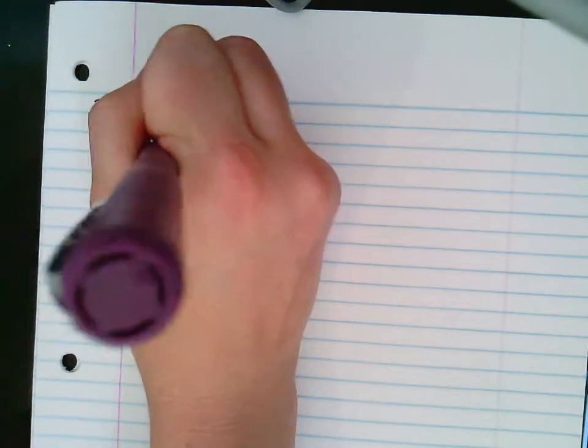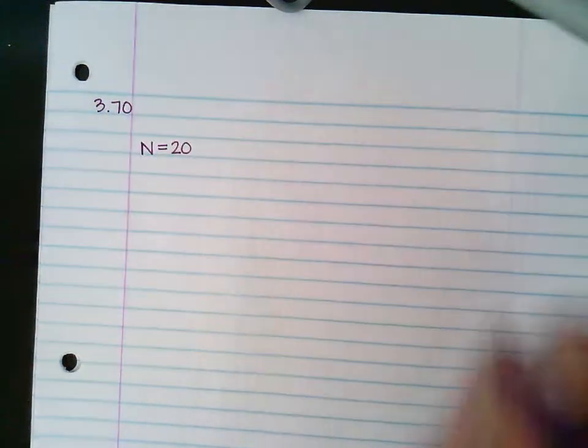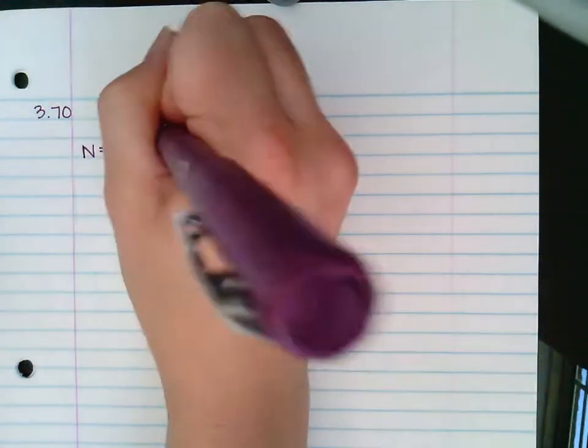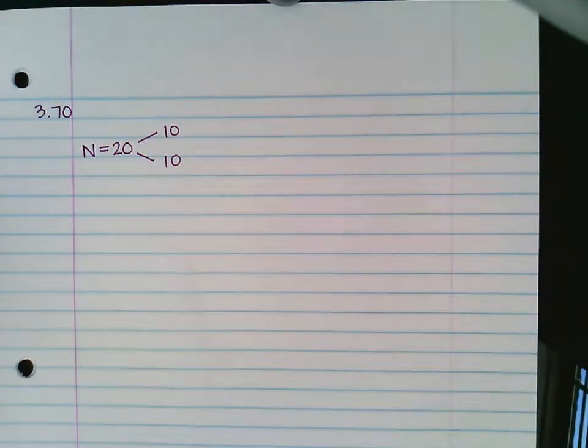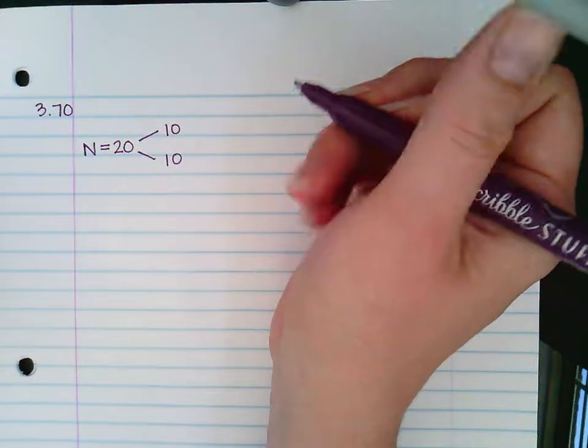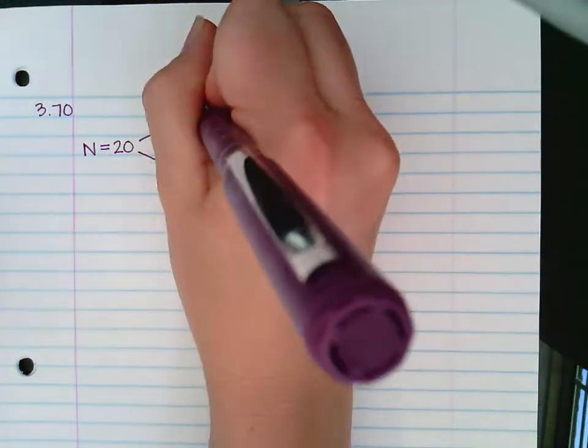N is 20 in this data set. So if I think about each half, it would have 10 pieces. And so that would give me the median, but this problem actually wants us to go even further. It wants us to start talking about quartiles. So if I think about how much would be in each quarter, 5 data points would be in each quarter.